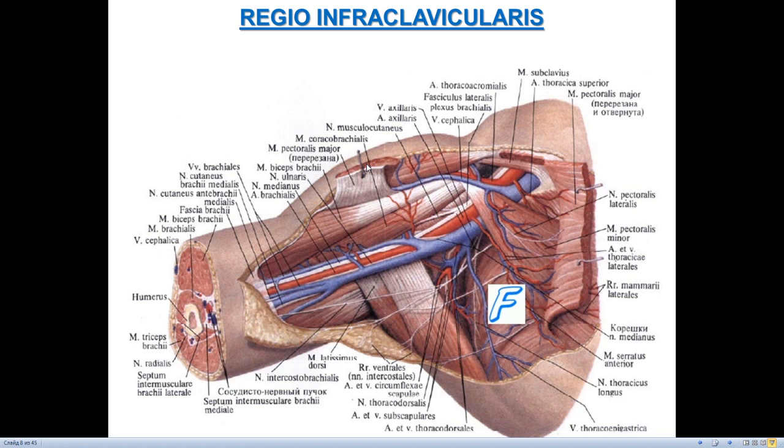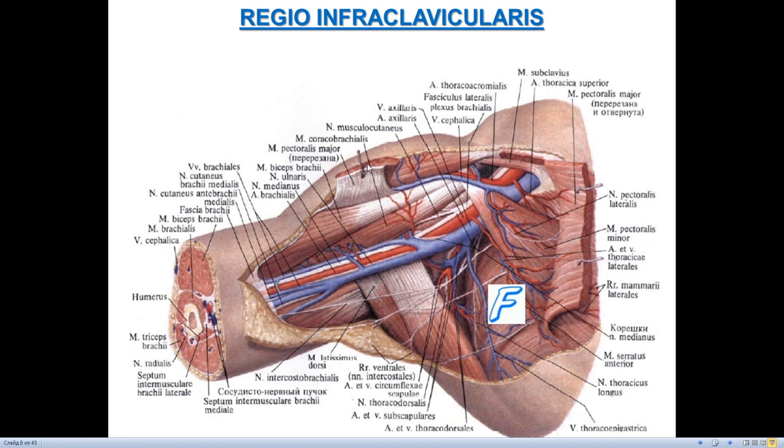Deep fascia starts from the inferior surface of the clavicle, from the acromion, and first rib, and from the vagina to the subclavius and pectoralis minor muscles.